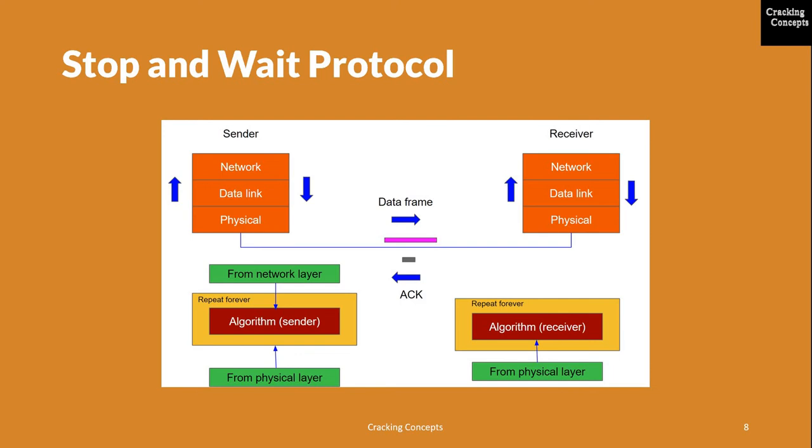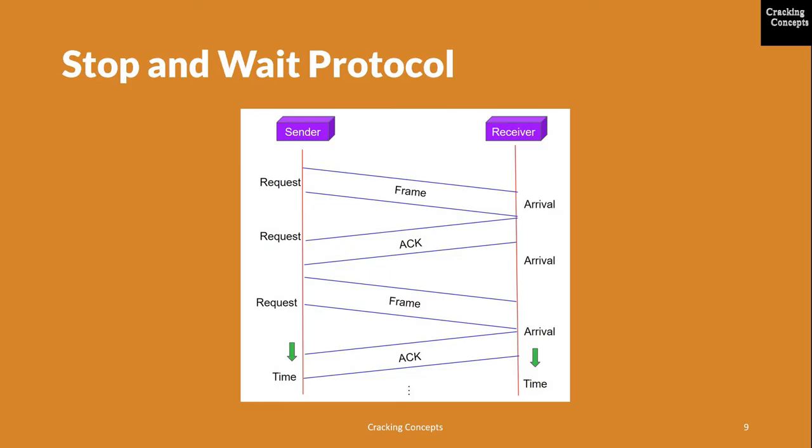The sender will send 1 frame and wait for the feedback from the receiver, which is clear from this flow control protocol. Now when the acknowledgement arrives, the sender will send the next frame. Note that sending 2 frames in the protocol will involve the sender in 4 events and the receiver in 2 events.